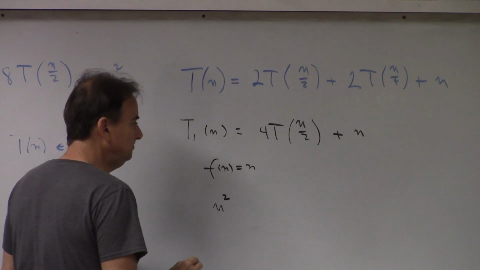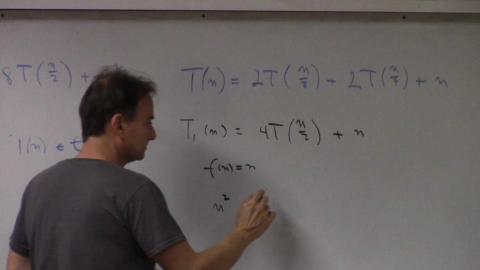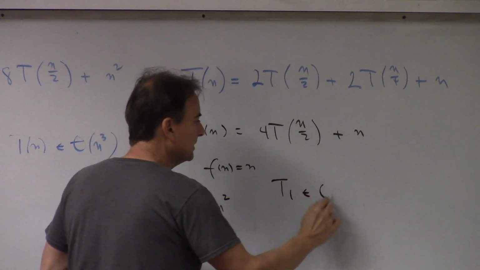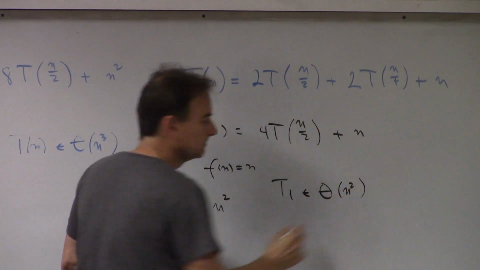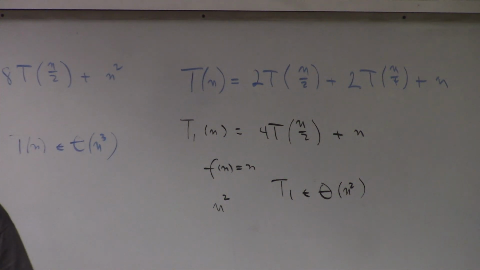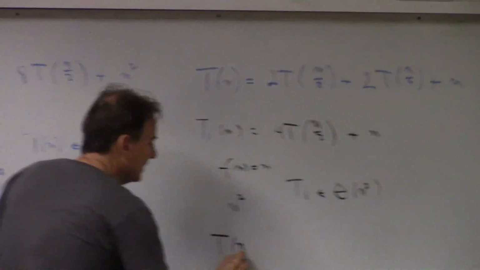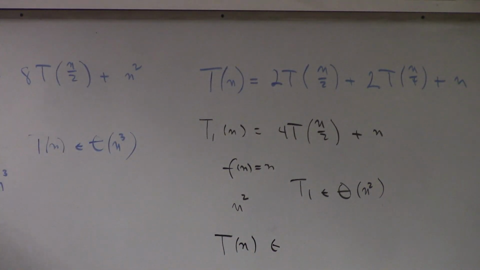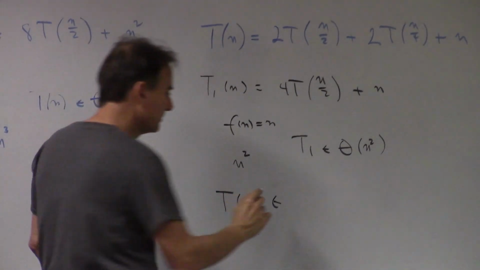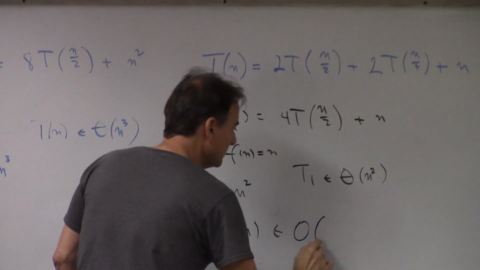So therefore, we would say that T1 is an element of theta of n squared. That means we can say T of n is an element of big O of n squared.